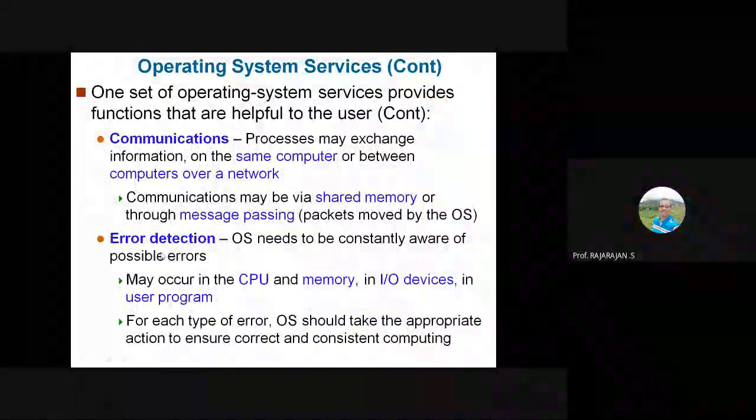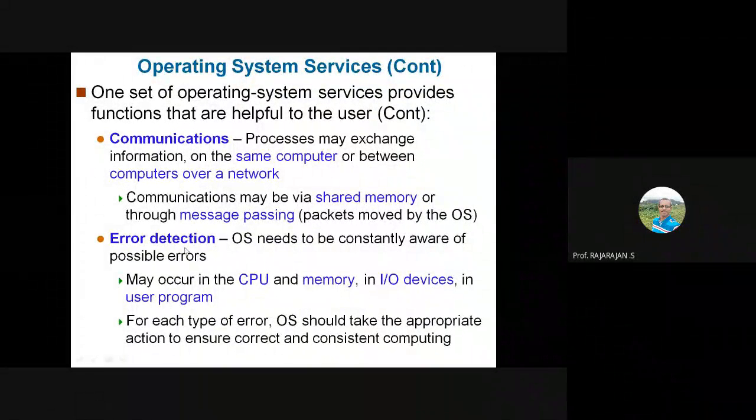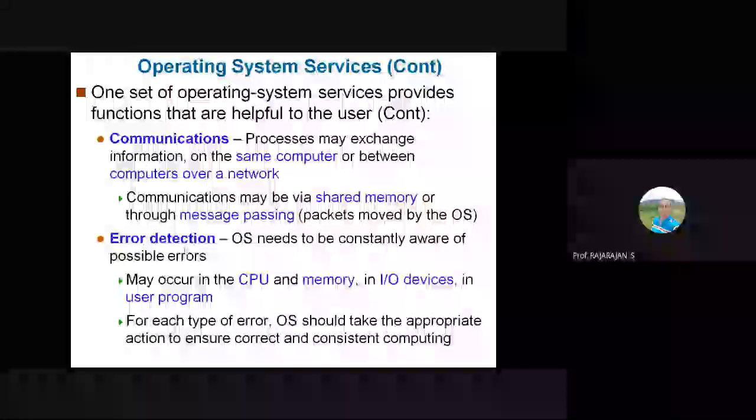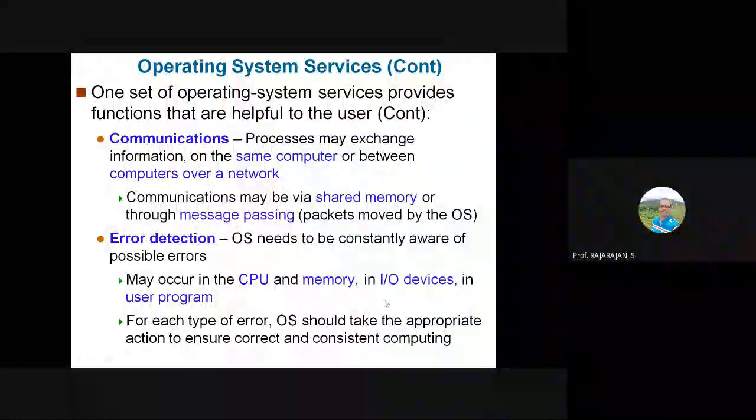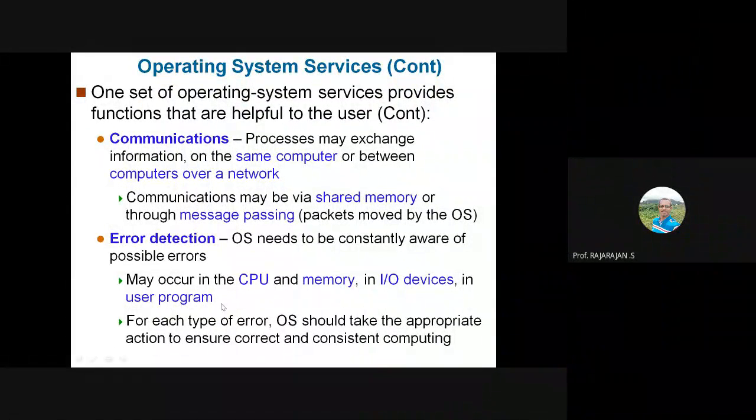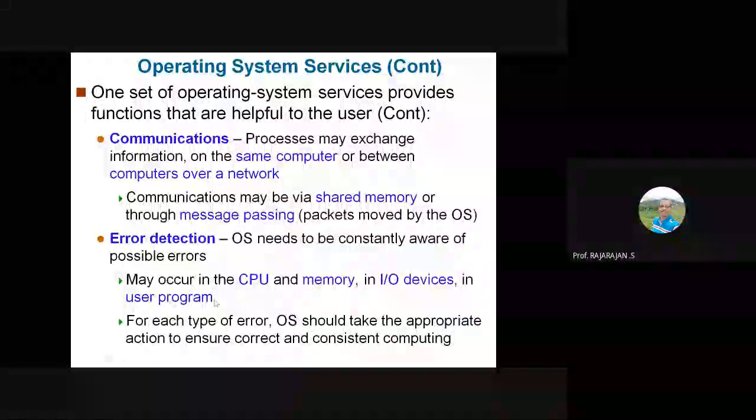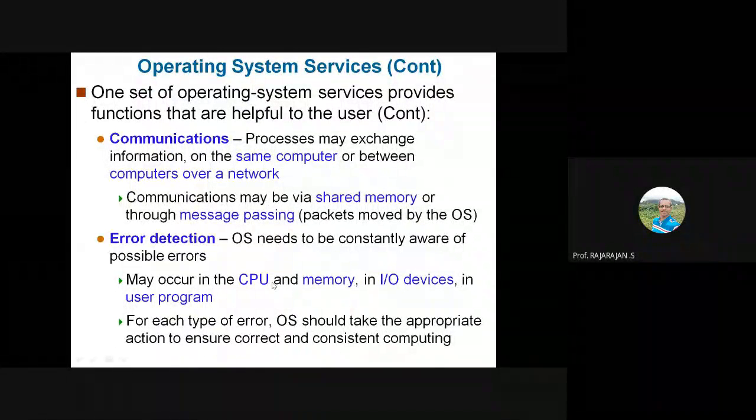And the next one is error detection. So errors are happening at different reasons and also different mediums. Like an error can happen on the CPU, memory, IO devices, or in a user program. When an error happens in a user program, we call it an exception or a trap. So hardware errors or software errors, both are possible.